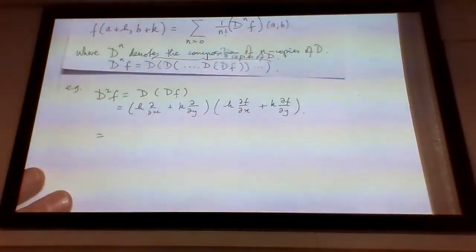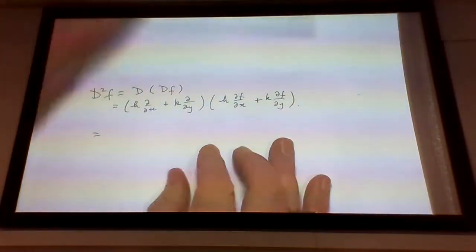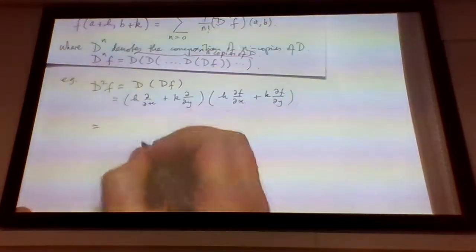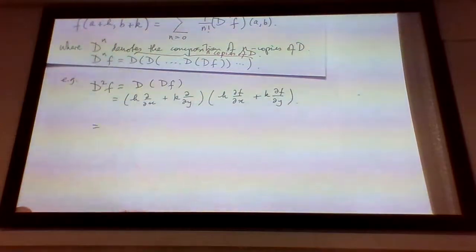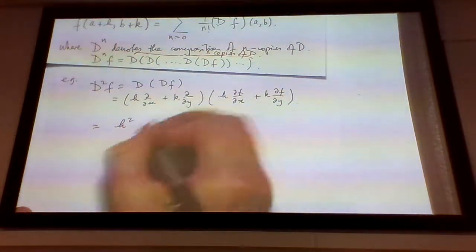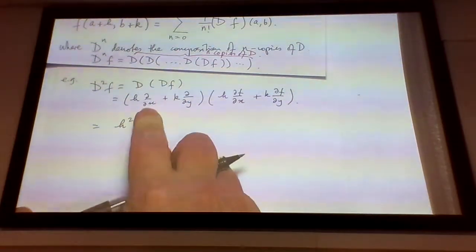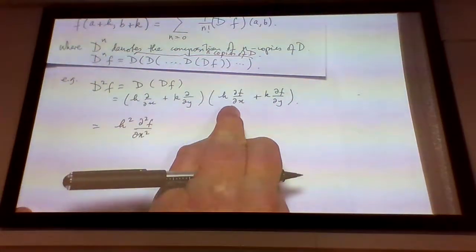So when you expand out the bracket, remember these are operators, so we're not multiplying these quantities together, we're composing the operations. But we do multiply the h's together to give h squared, with ∂²f/∂x², because you're taking the x derivative of the x derivative.